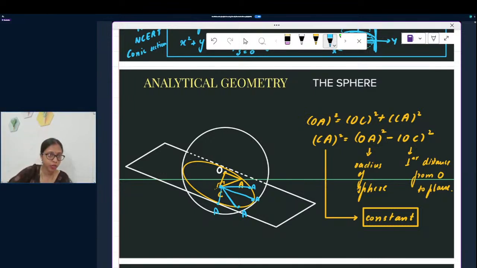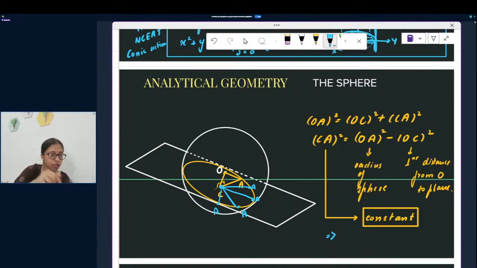I just dropped a perpendicular. I didn't say that join O, the center of the sphere, to the center of the circle. No, I just dropped a perpendicular. That automatically comes out to be the center. We have proved it. Since it's a constant, it implies, that's the definition of the circle, right? I have a constant distance from the boundary points.